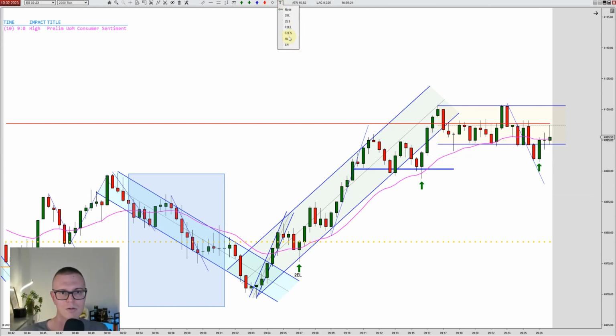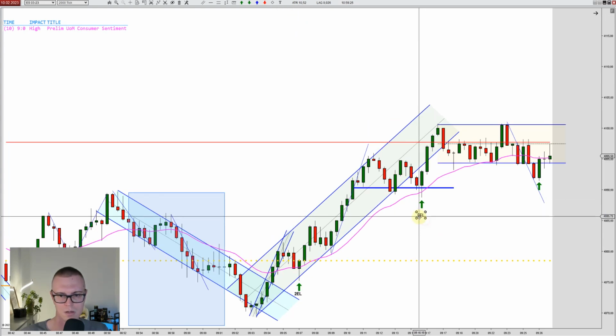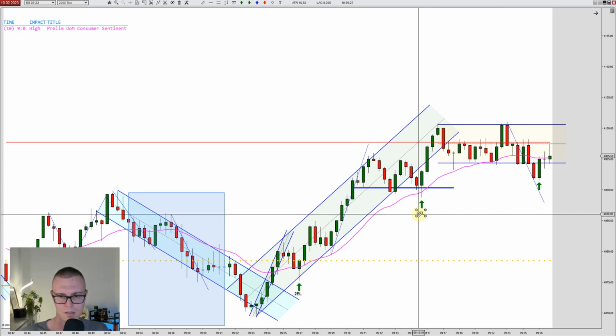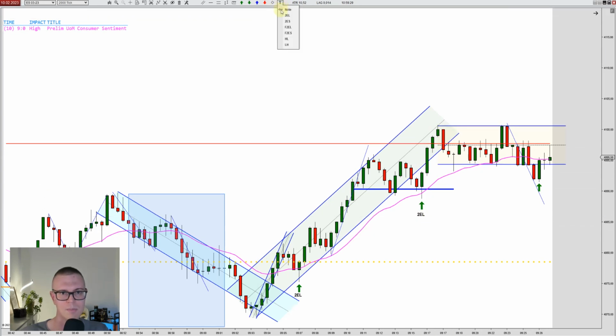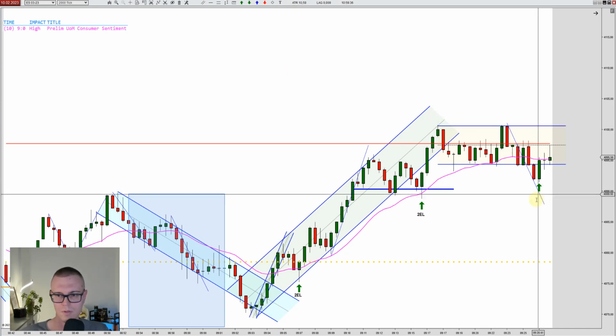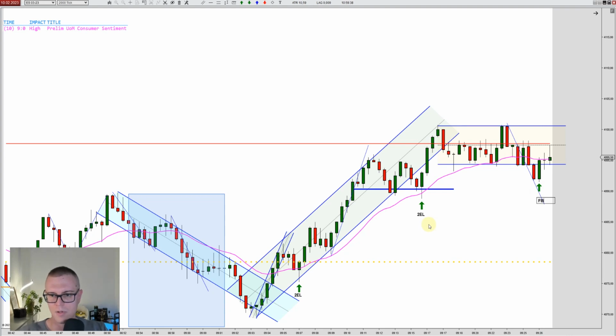By the way, I forgot marking these trades here. That was also a second entry long. And this was a failed break lower, but this is not written here, so we can write it: failed break lower.